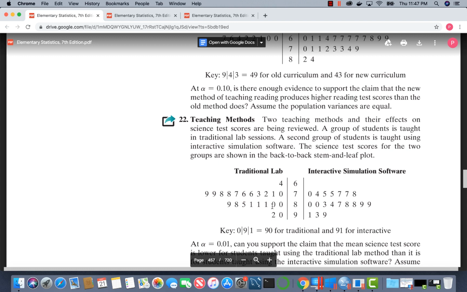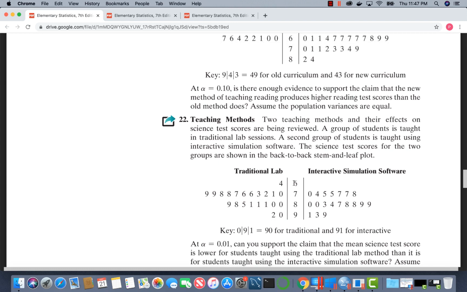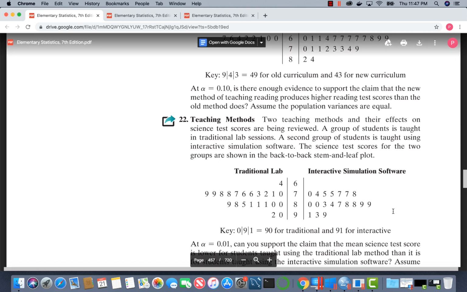So here we have the traditional method. These are the stems, these are the leaves. For the interactive simulation software, again, these are the stems, these are the leaves. We have a key here to help us read it.